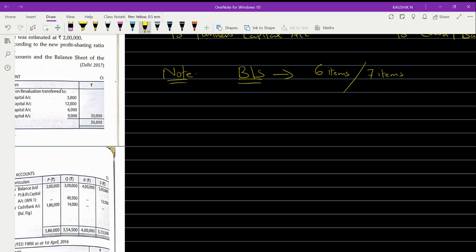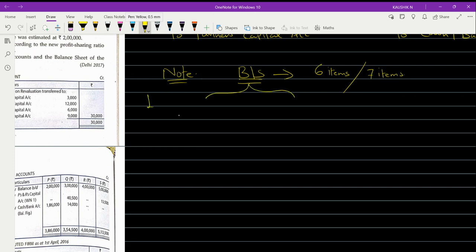First, you should complete the accounting treatment of these 6 out of 7 items. Then only you can proceed for any other items which are given in the balance sheet or in the adjustments. Now, let me make you understand what such 6 items are. Basically, the balance sheet is divided into two segments.